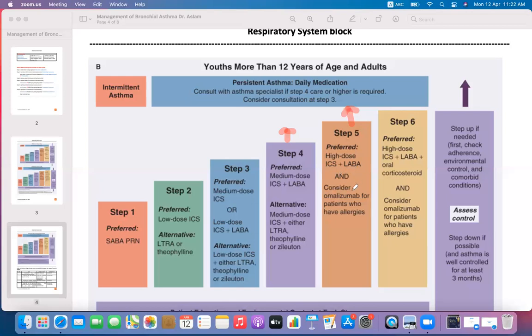And here consider omalizumab for the patients who have allergies. Omalizumab is a monoclonal antibody and generally recommended for the patient who has allergic asthma.